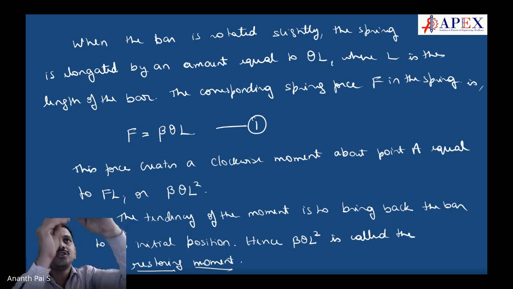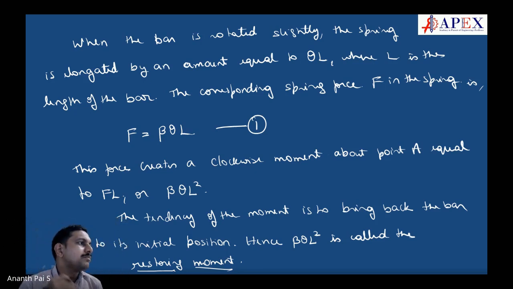In floating bodies, B is always lower than G. If G becomes lower than B, then what happens? Wait a minute. If G is lower, so B is always bigger than G, is it not? So what is happening here?